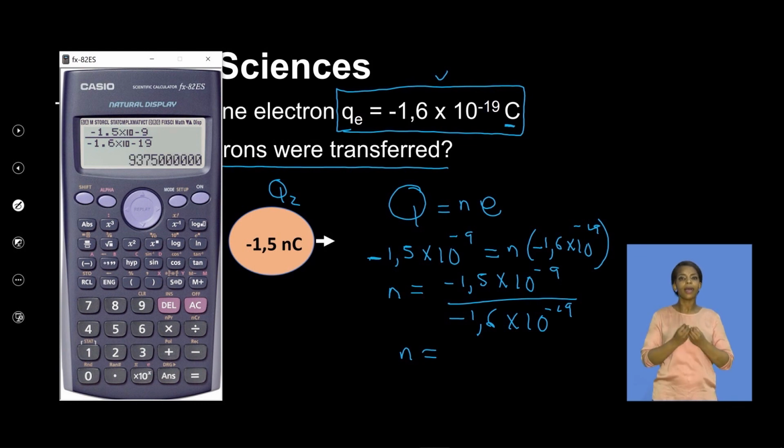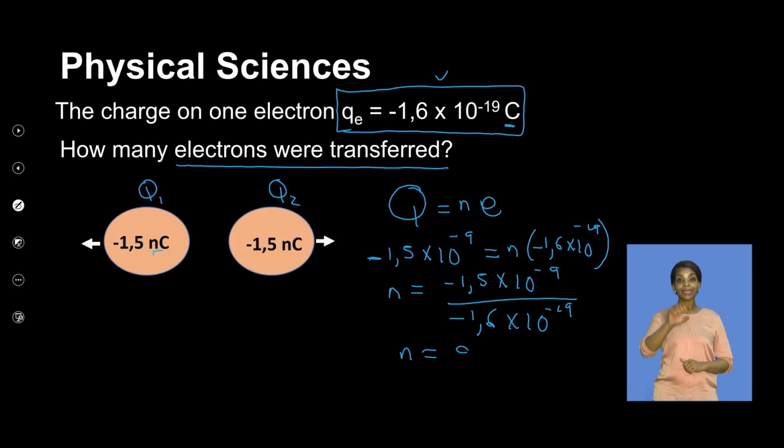So how many electrons? That's a very big number. It is 9.375 times 10. We need to go back because we want to write it in simple scientific notation.